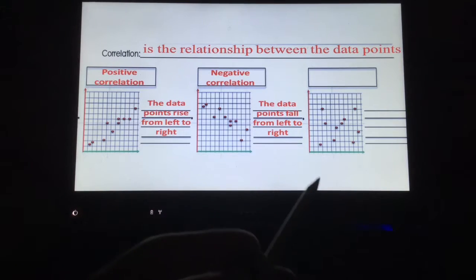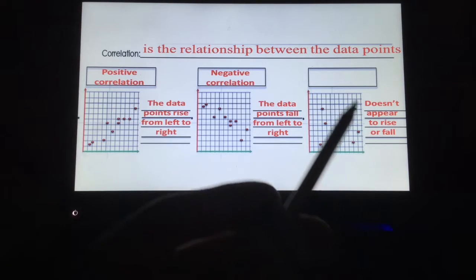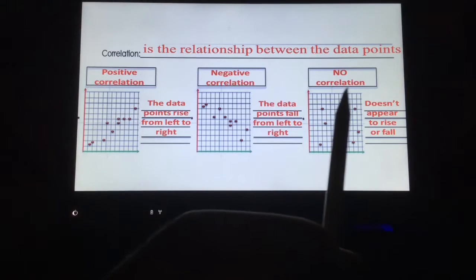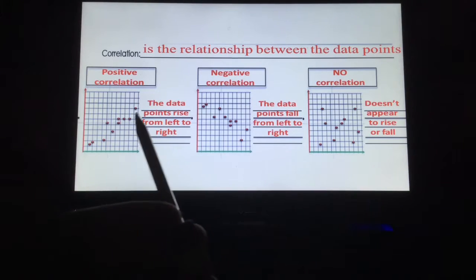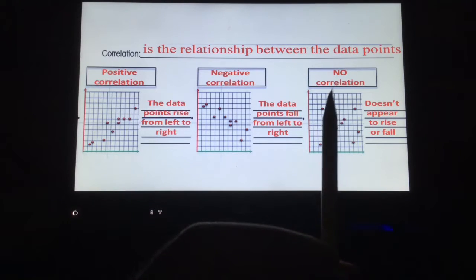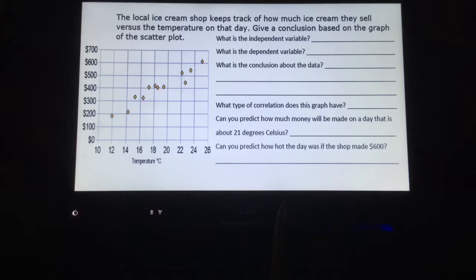So what you would put in this case would be that it doesn't appear to rise or fall, therefore it is no correlation. So these are the three types of correlation. Positive, it means it rises. Negative, it means it falls, it decreases. And then no correlation because it's all random and you don't have a definitive positive or negative data points.